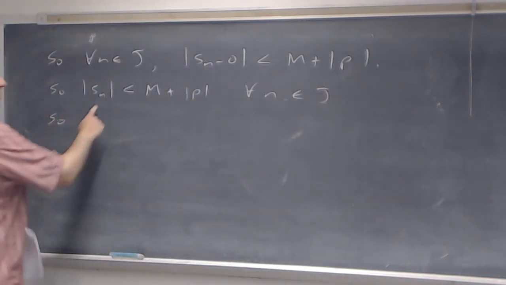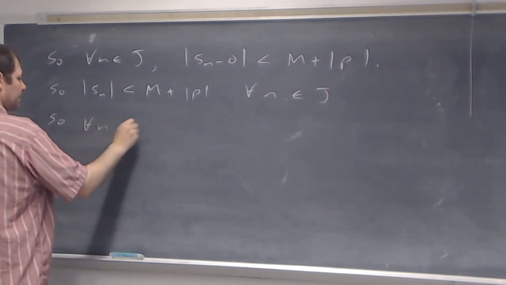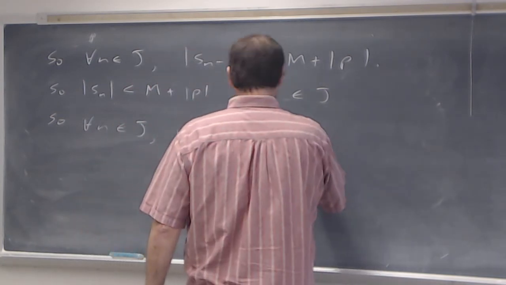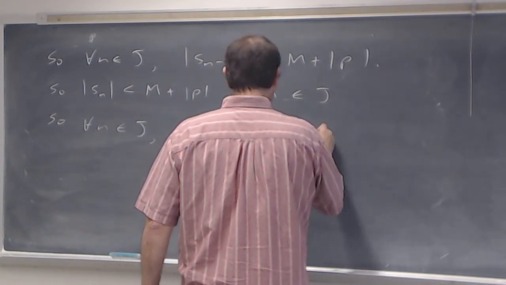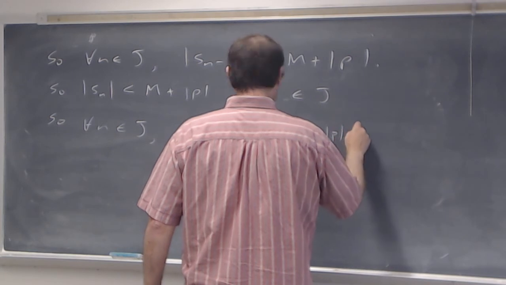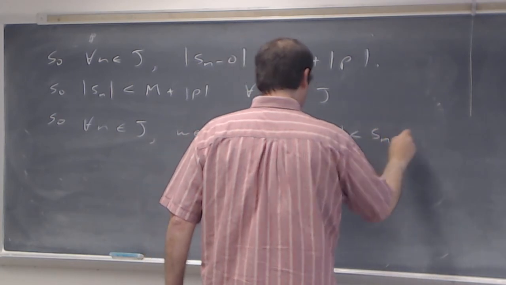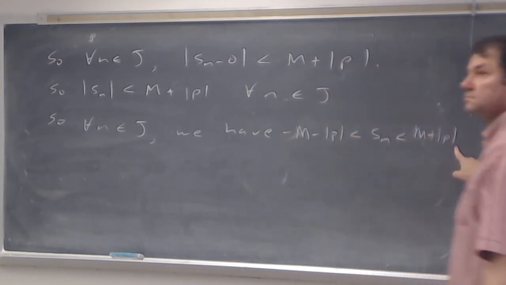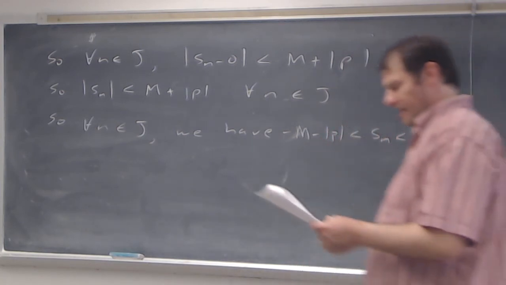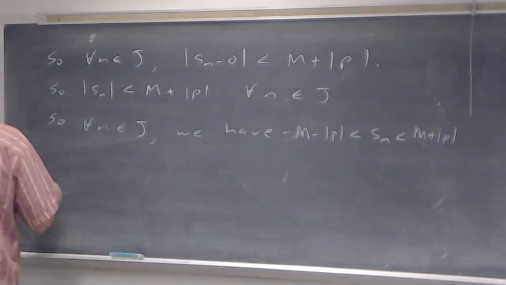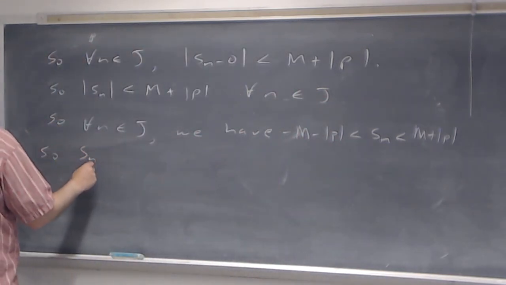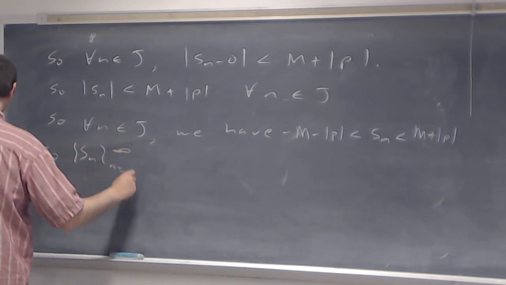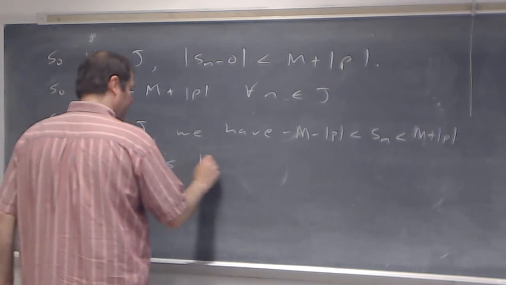So, rewriting this, for all n elements of J, this says that negative M minus the absolute value of P is going to be less than S of n, which is going to be less than M plus the absolute value of P. And that says S of n, we think of it as a set, is bounded above.